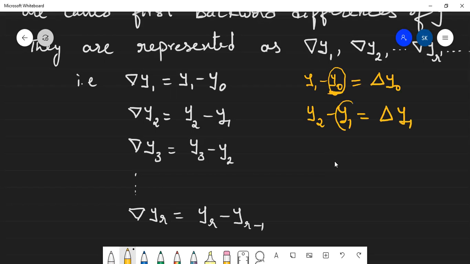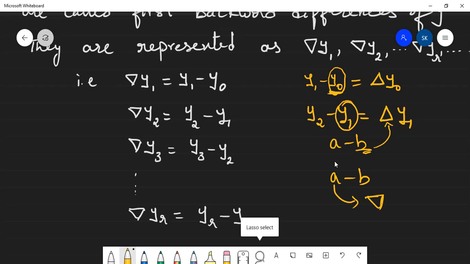In A minus B, the B position was represented in forward differences. Now in A minus B, the A position is represented in backward differences. That is a notation difference. The way you subtract is the same: y1 minus y0, y2 minus y1, y3 minus y2. Notation is different. Fine.